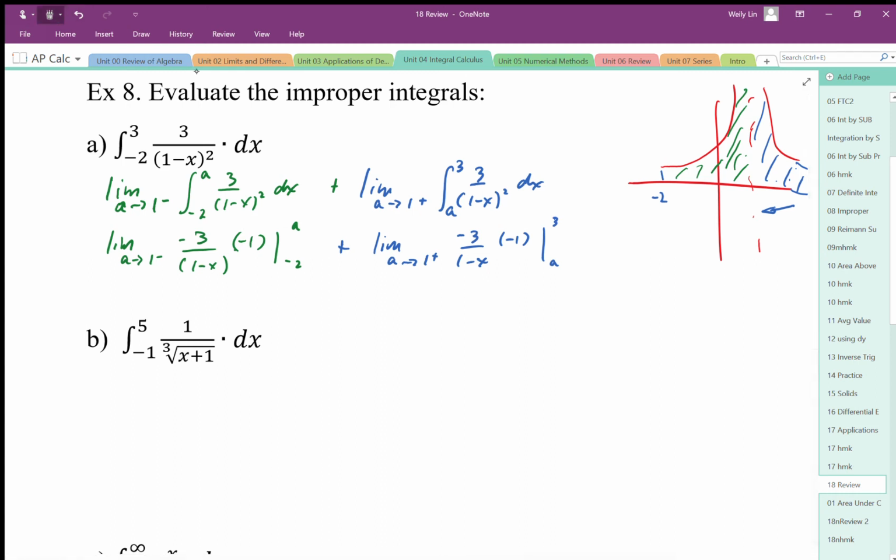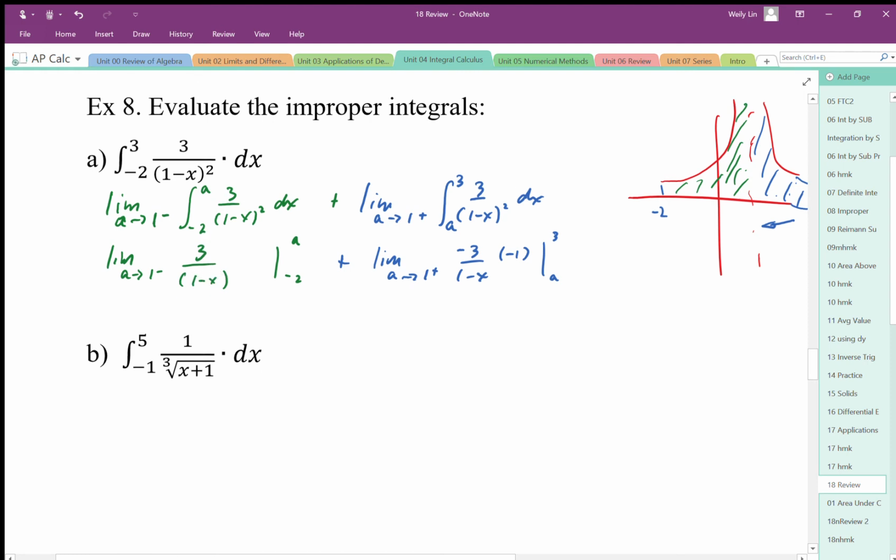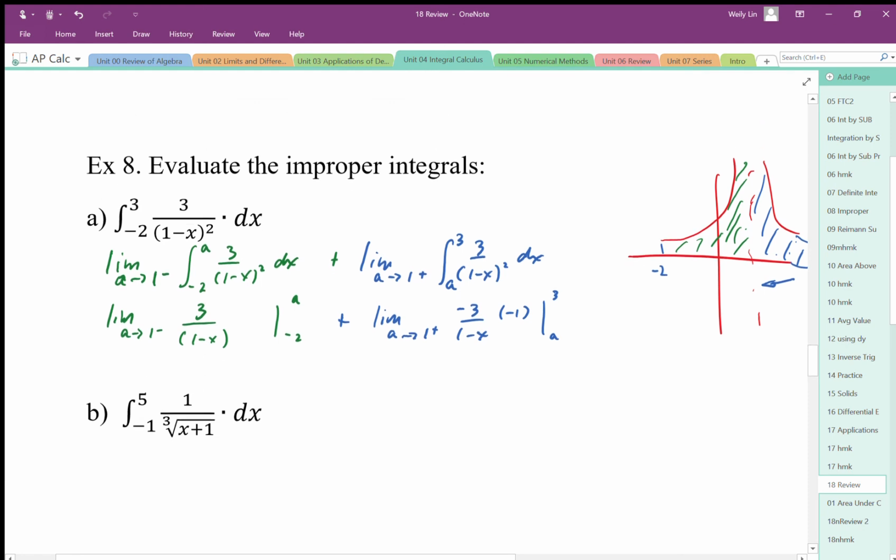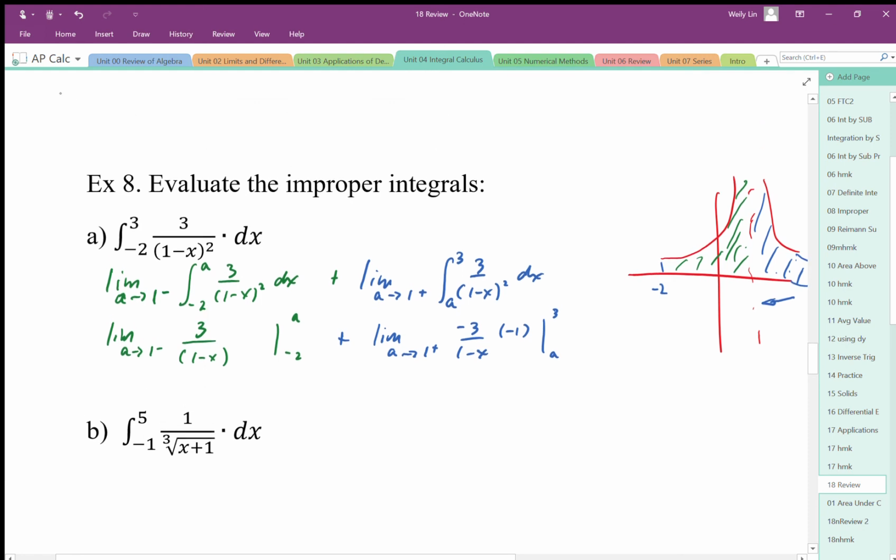Okay, well, plugging it in, I can evaluate this. I'm just going to clean this up a bit. That's going to be +3. As I go to 1 from the negative side of 1 over x, this function looks like this. I'll write 3, 1.